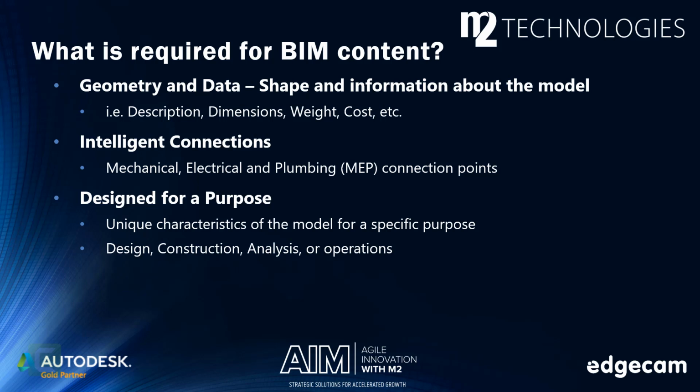Intelligent connector points, places where your mechanical, electrical, and plumbing connections are all made on your model. It's just water, air, electrical, those things that get connected so that they can route those conduits and pipes, etc.